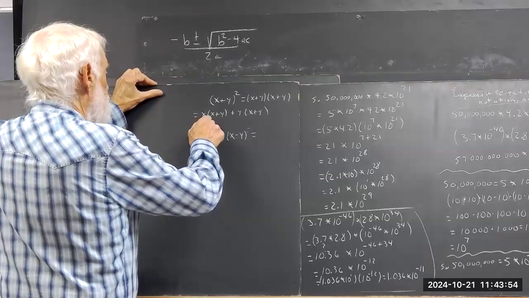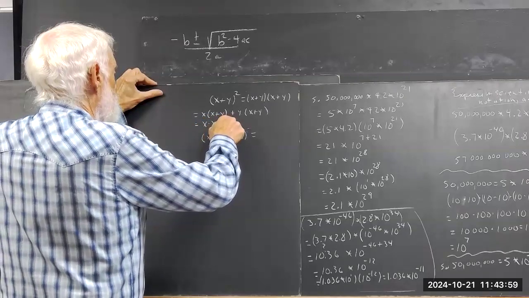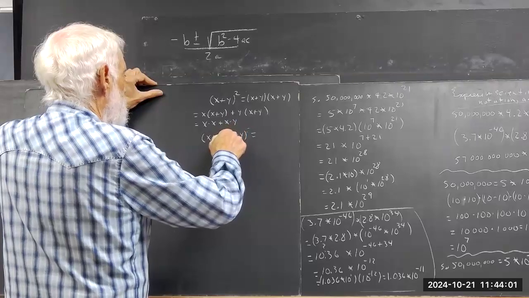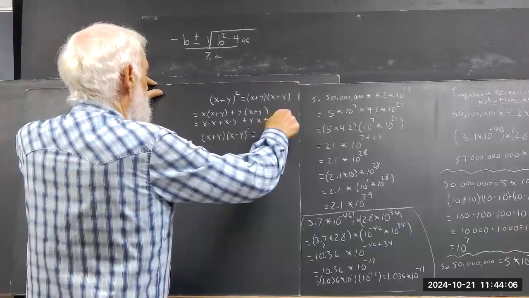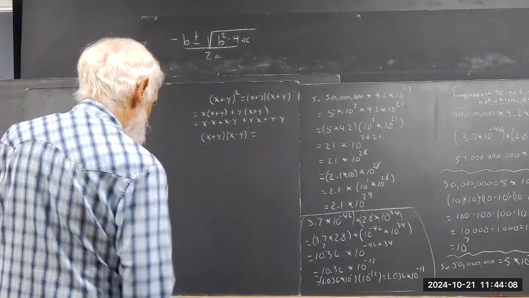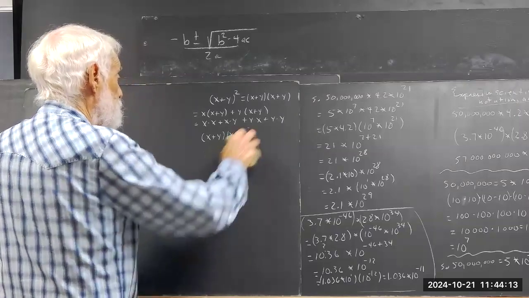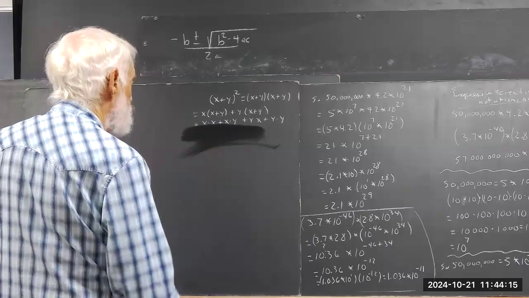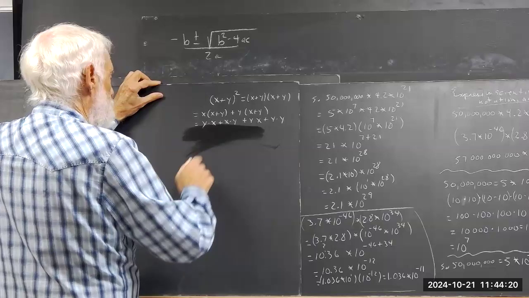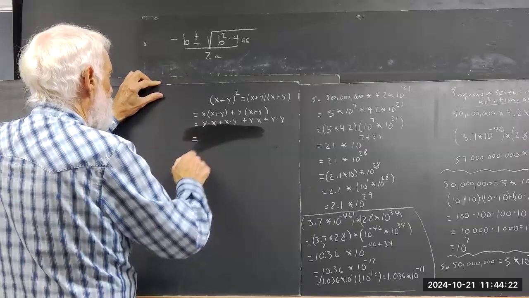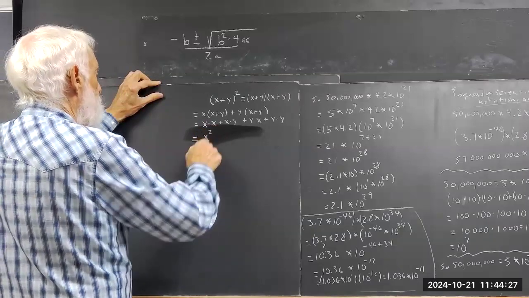And then when you multiply this, you get x times x plus x times y. And here you get y times x plus y times y. And I kind of knew when I wrote this down that I hadn't left myself enough room. So it's x times x. Okay, x times x is x squared.